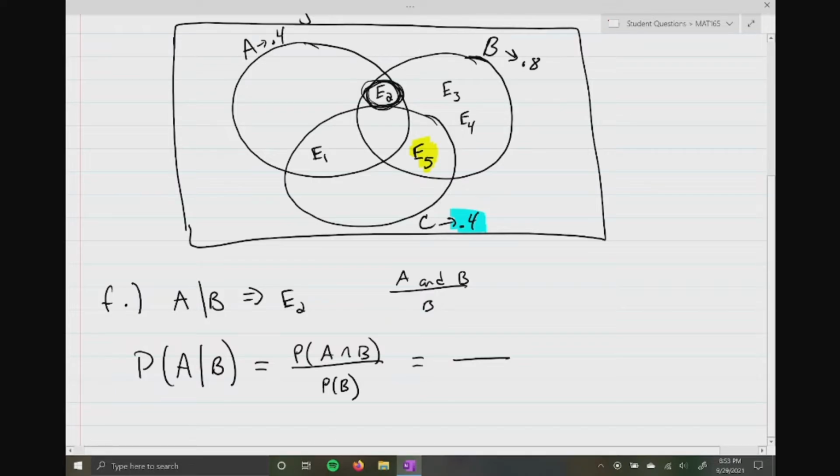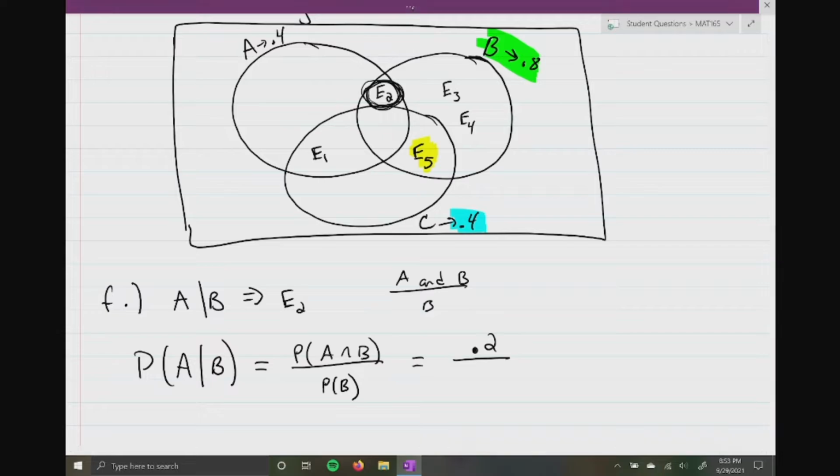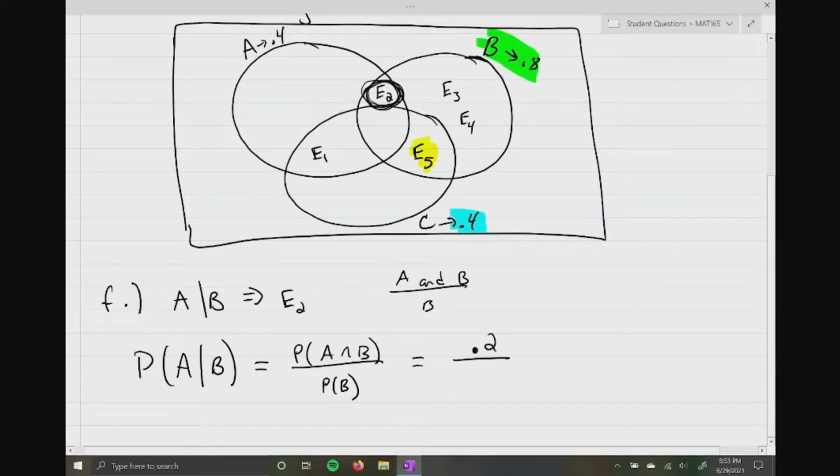You can see it, E2. That's going to be 0.2. Now the probability of B, and I'm going to highlight that in green for us so you can see it, is right here. That's the probability of B. It's 0.8. So let's go ahead and divide this by 0.8. So 0.2 divided by 0.8 is going to be 0.25. All right?